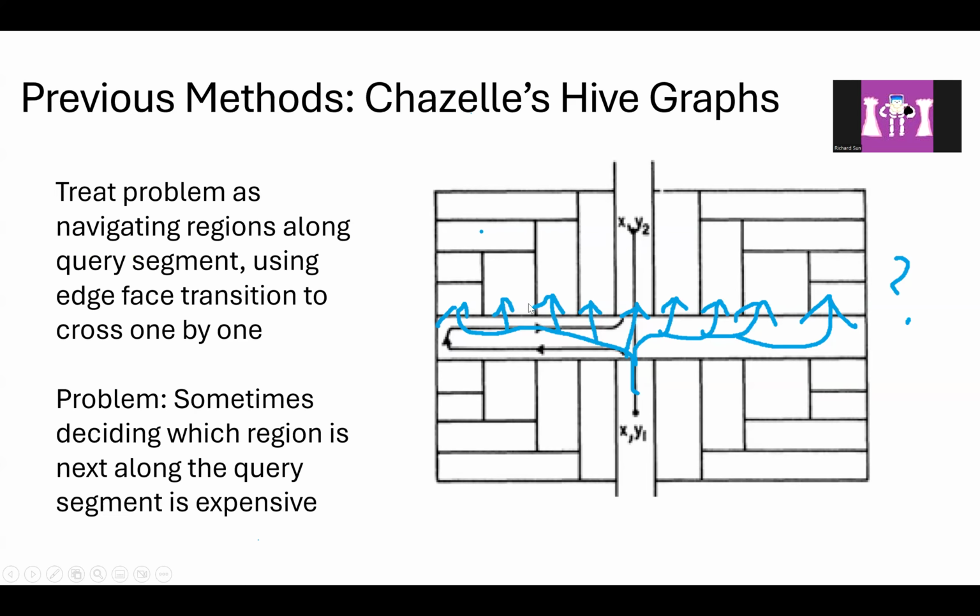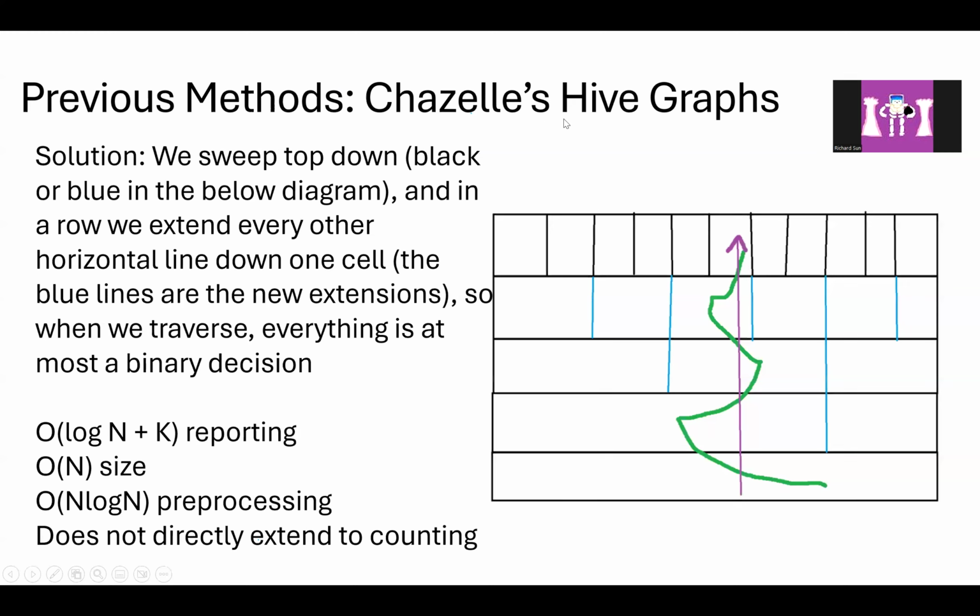So Chazelle cuts the fat regions so that there are only two possible choices when you go up, which makes each edge transition O(1). This doesn't extend to counting queries though.